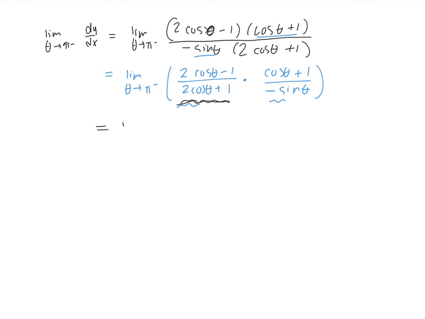All that we have when you've input theta equals pi is your numerator ends up being negative 3, and your denominator ends up being negative 1. So that part we're just going to write as negative 3 over negative 1. And now we have the limit as theta goes to pi from the left, cosine theta plus 1 over negative sine theta. This is a 0 over 0 limit, so use L'Hopital's rule.